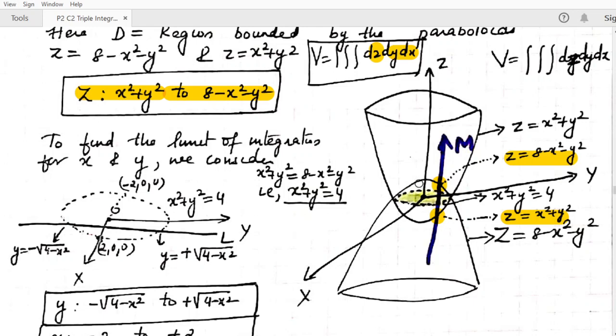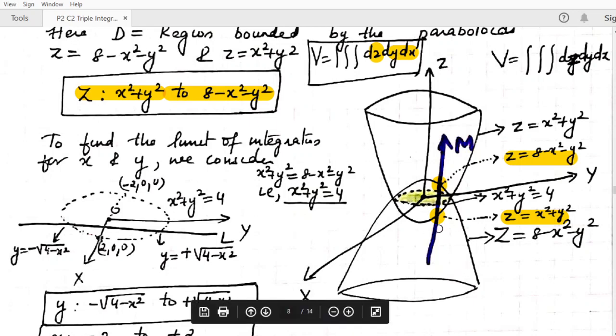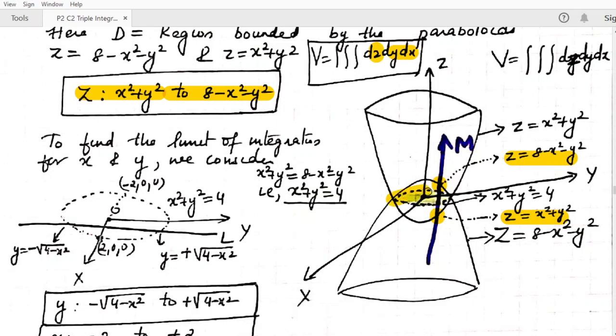So we can see that this is our region. First paraboloid is this, another paraboloid is this. The intersection of these 2 paraboloids will be a circle. So this circle will be the intersection of these 2 paraboloids.